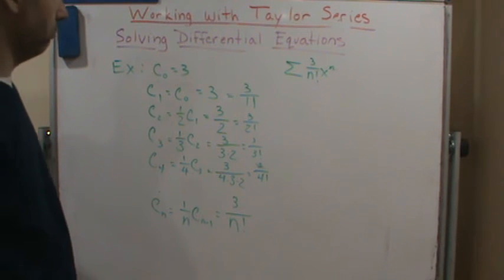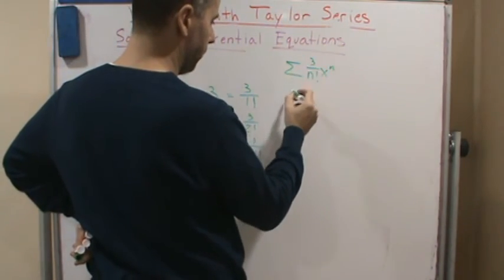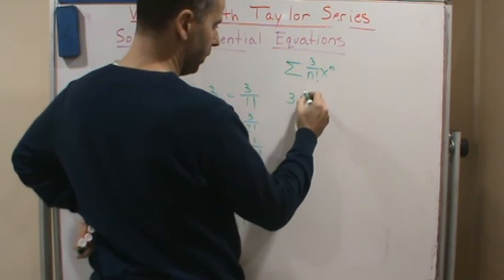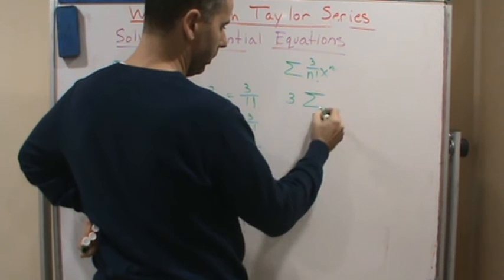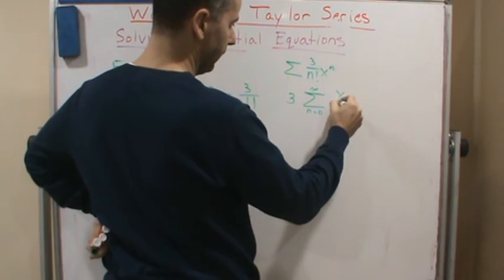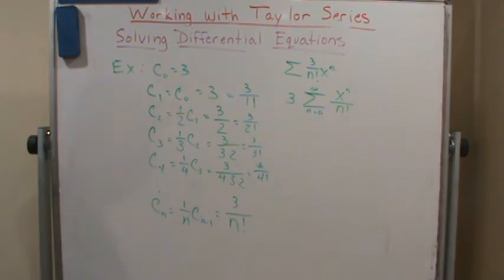And we're done. So for the representation, we can pull the 3 out because it's a constant. So this is going to be 3 times the sum from n equals 0 to infinity of x to the nth over n factorial. Now, this should look familiar.